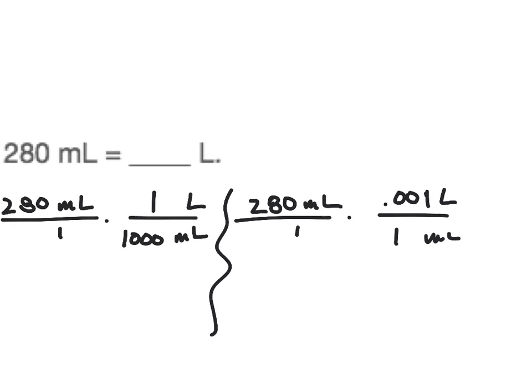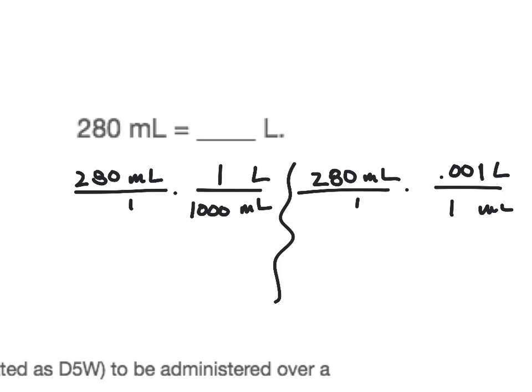So watch what happens. Let's divide out our milliliters. That's important. And then as a result, we get 280 liters divided by 1,000. So if I do 280 divided by 1,000, that's going to give me 0.28 liters.